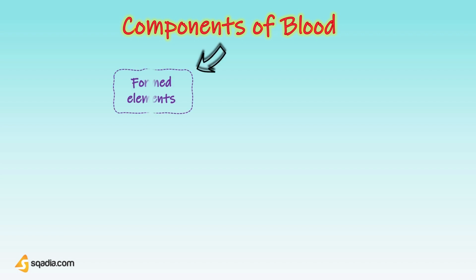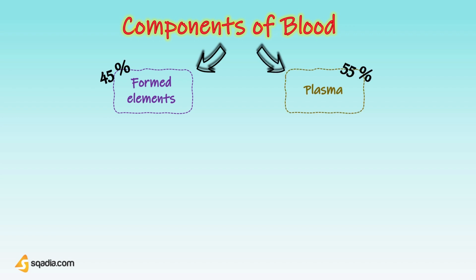Interpreting those results, though, depends on a solid understanding of the components and functions of blood. So let's look at its composition that makes it a vital fluid for life. Blood is composed of formed elements that make up 45% of blood, and plasma that makes up the remaining 55% of blood.